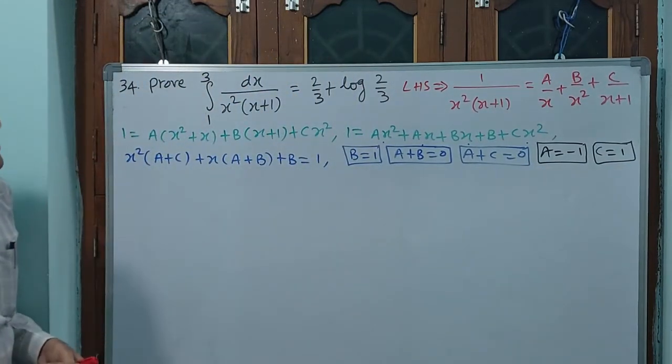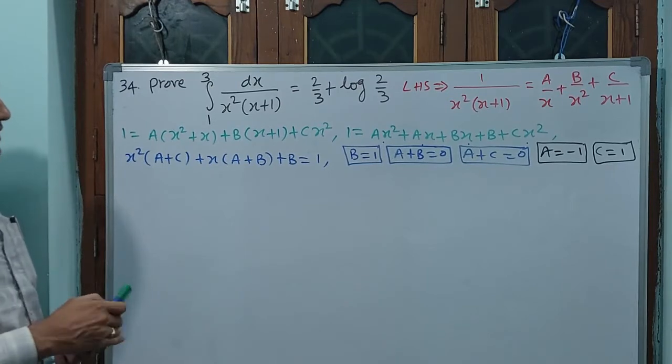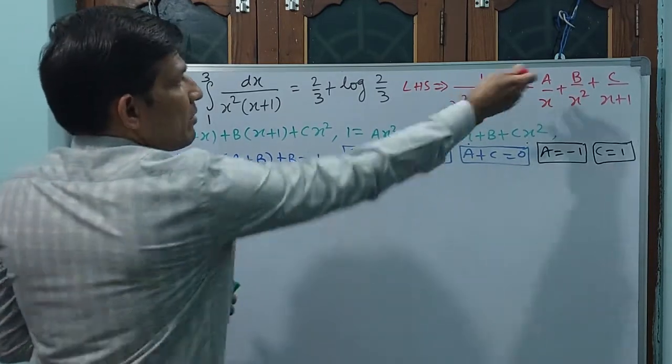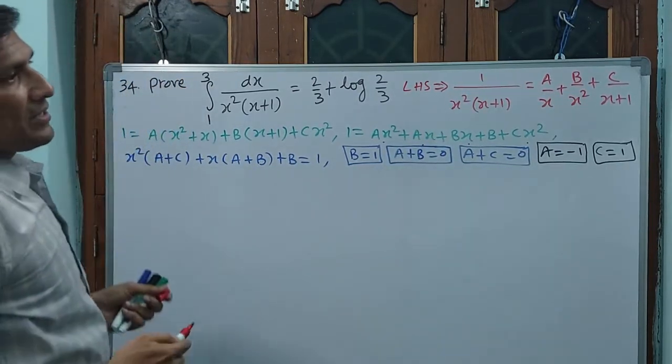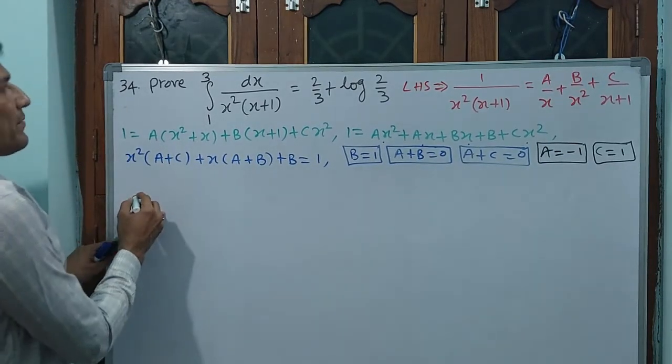Whenever c is equal to 1 and a is minus 1, then only a plus c is going to become 0. Okay. Now you proceed further. What we can say, partial fraction. A is minus 1. Write down. Minus 1 means, see how I am writing.